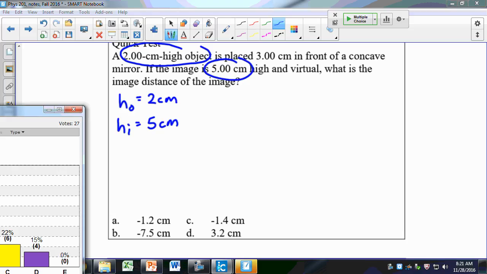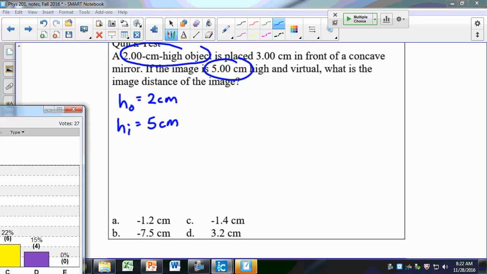Remember our equation for magnification. Our magnification is M equals negative Q over P. If an image is virtual, what does that tell you about its image distance? Does it have a positive or negative image distance? It has a negative image distance. So how does that affect the magnification?